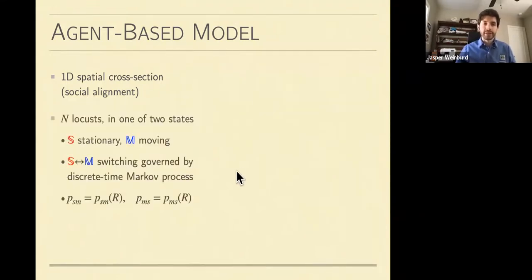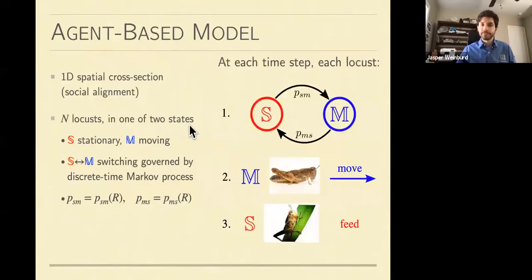Take N locusts, and they're going to be split into either stationary or moving. There's something to be said about hopping as well, but for simplicity's sake at this point, let's keep it at either they're stopped or they're moving. And each time step, locusts switch between these states with some probability.